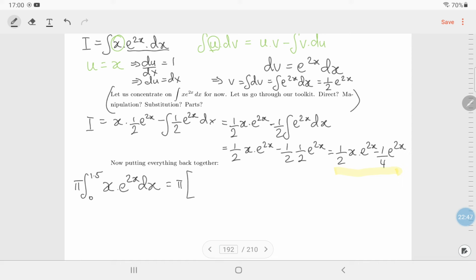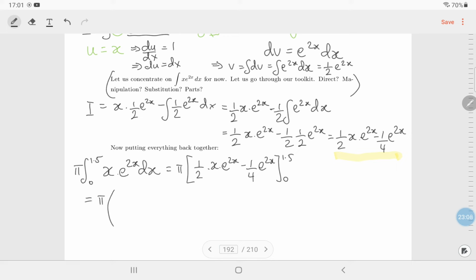The antiderivative of x e to the 2x is a half times x times e to the 2x minus a quarter e to the 2x. And we're going from 0 to 1.5, top limit minus bottom limit. The 0 with exponentials, you have to be careful.